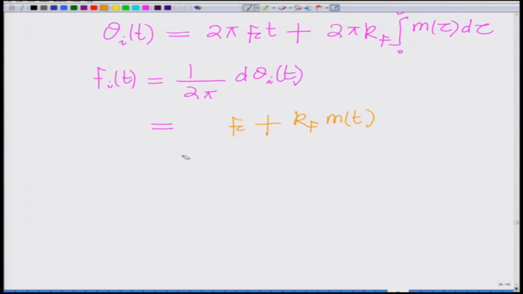Therefore, the frequency deviation delta f equals the maximum of the magnitude of f i t minus f c.